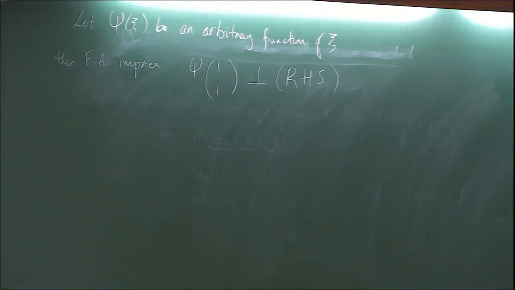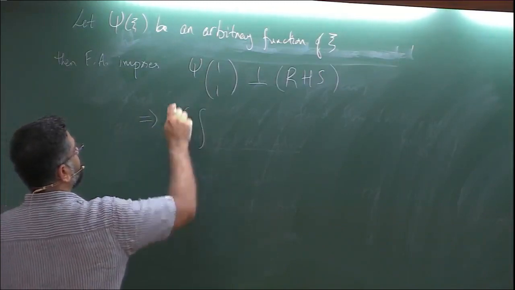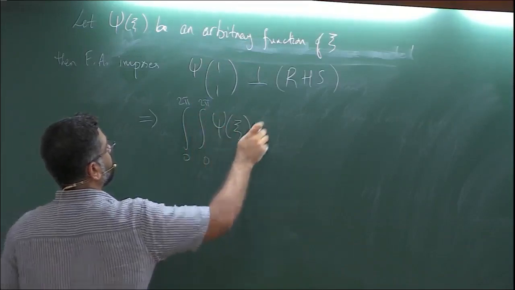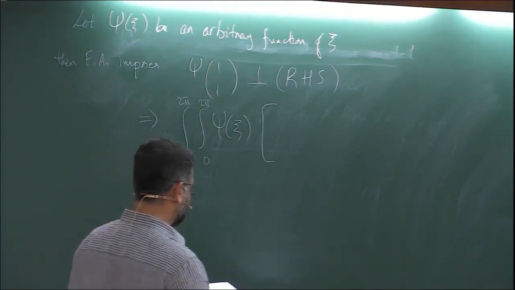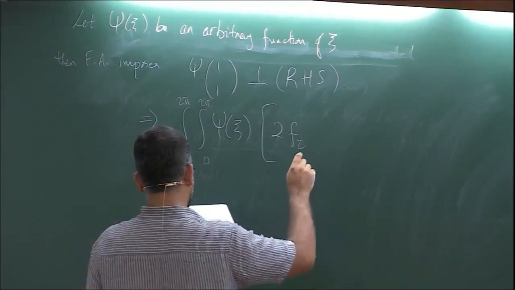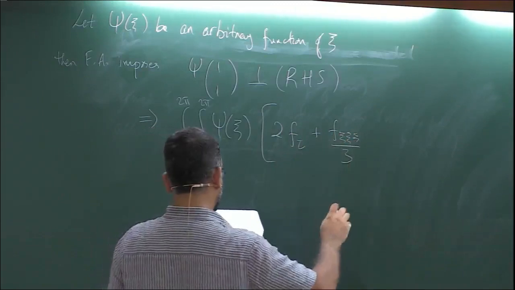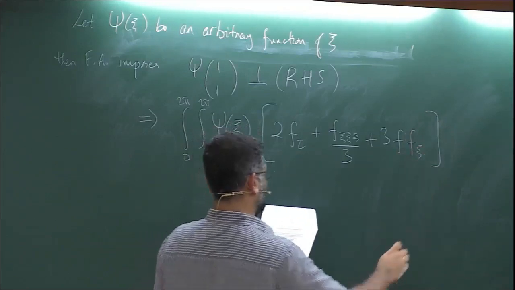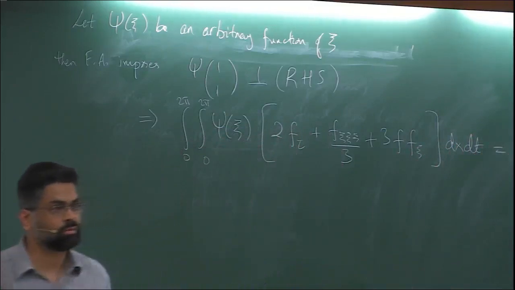Right? So I'll take the Euclidean inner product and multiply by psi and integrate, and I end up with the scalar condition: the integral of 2f_tau plus f_xi over 3 plus 3f f_xi, dx dt, is 0.